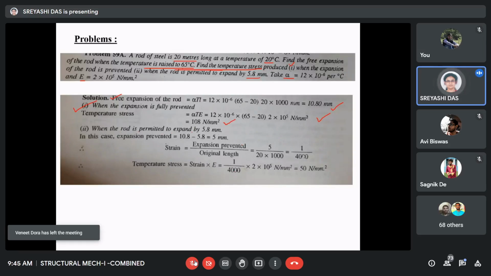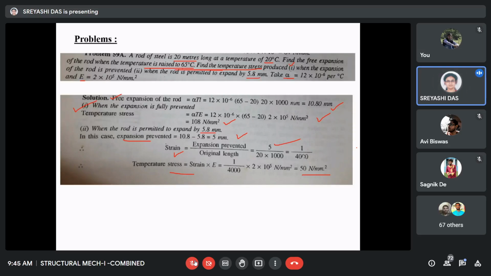When the rod is permitted to expand by 5.8 millimeter, the expansion prevented is 10.8 minus 5.8, that is 5 millimeter. Then the strain will be this, and the temperature stress will be this, 50 Newton per millimeter square. So you see, if some amount of expansion is permitted, the stress is reduced much more.